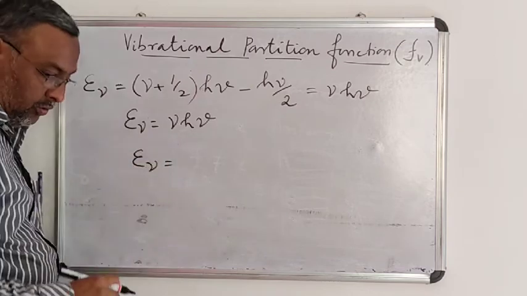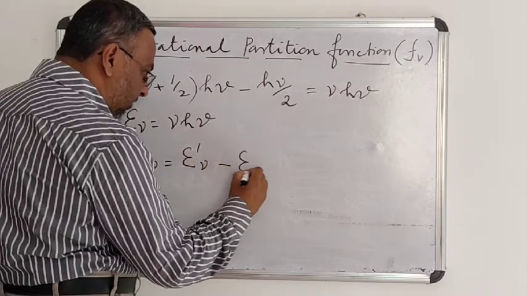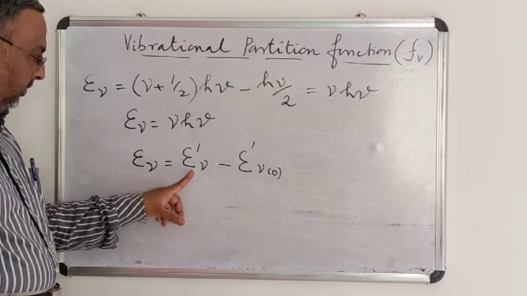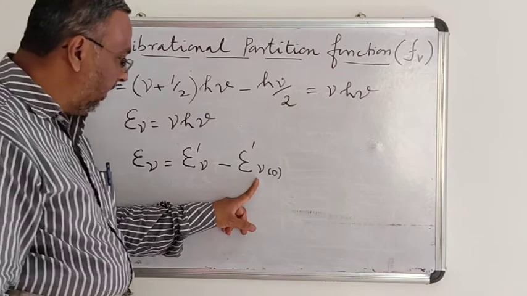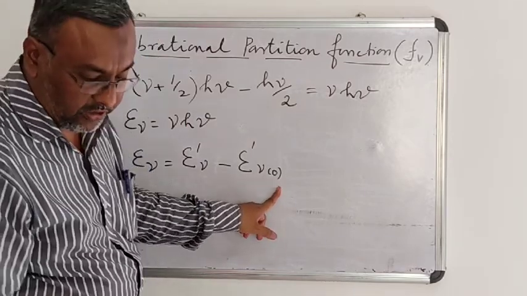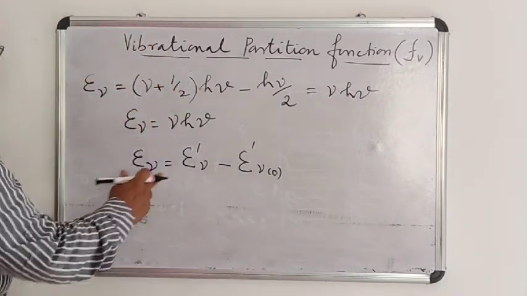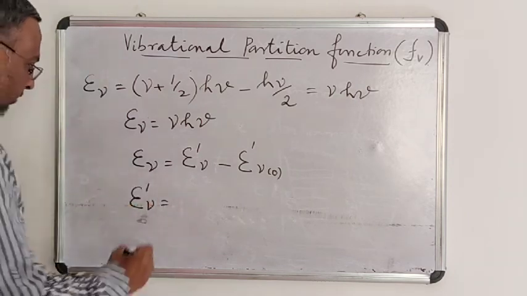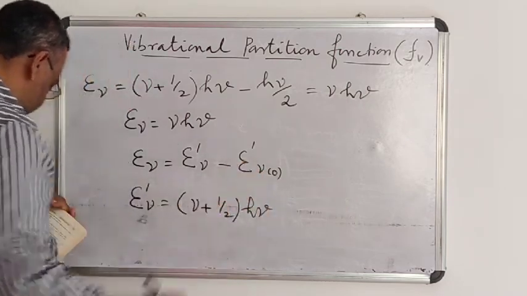Usually it will be equal to epsilon v minus epsilon 0. This is the vibrational energy level at a particular energy, and this is the vibrational energy level at the zero state, or the ground state. The vibrational energy at a particular level is usually given by (v plus half) into h nu.